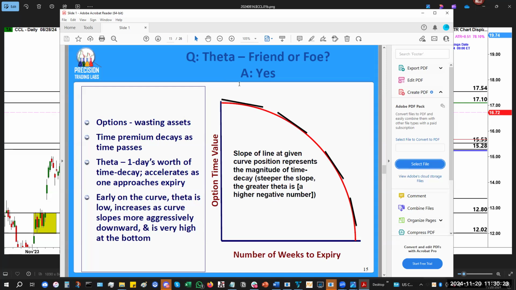This is why I have this little caption up here, theta, which represents time decay, and I go, well, theta, friend or foe? Being a wise guy, I go, yes, because it depends. If you're buying options, time decay is your enemy. On the other hand, if you're selling options, when you get down here, time decay is your friend, because if you sold a credit spread, then you're kicking butt probably.